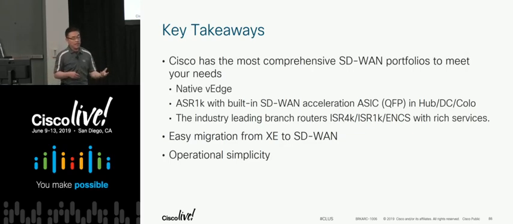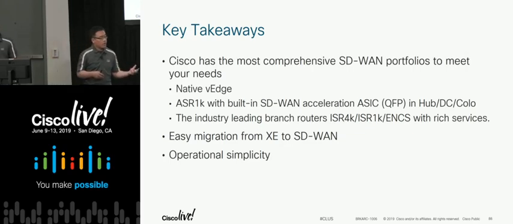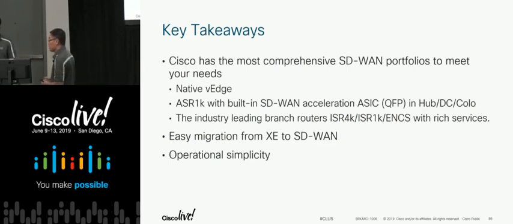And if you have the Cisco ISR or ASR products already, you can migrate them easily just by loading up the SD-WAN image. We didn't talk about the simple steps to complete the migrations. And we're adding a lot of functionality into vManage to improve the serviceability of the SD-WAN fabric as well as individual device management.